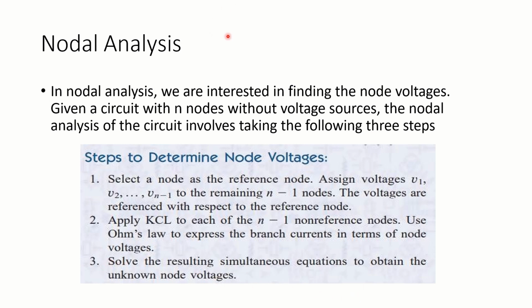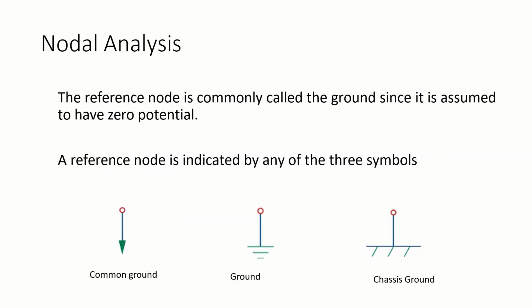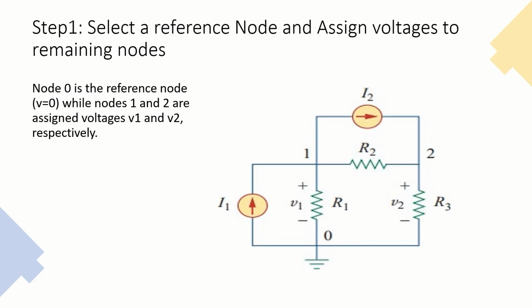So first, let's talk about the reference node. The reference node is commonly called the ground since it is assumed to have zero potential, or voltage over the reference node is 0. Reference node is indicated by these 3 symbols, and the most common one is this one, which is the ground. So now let us see an example.